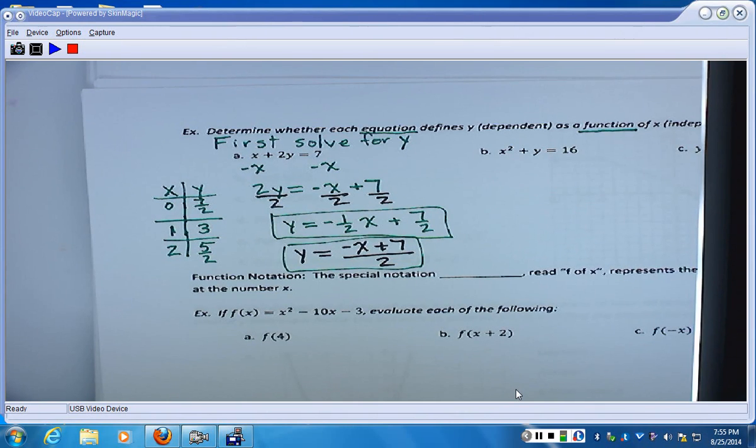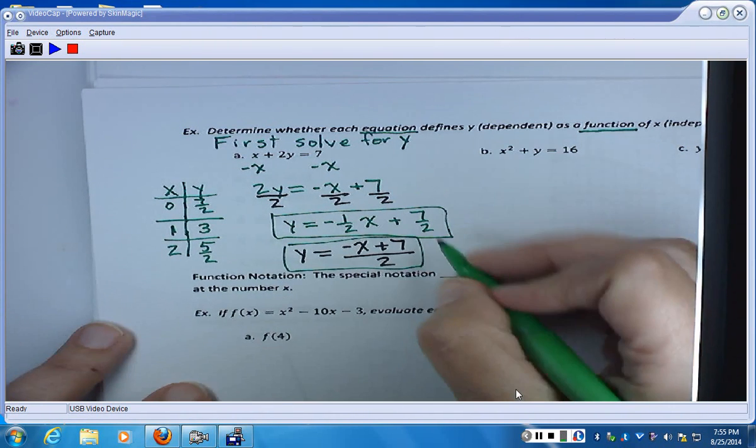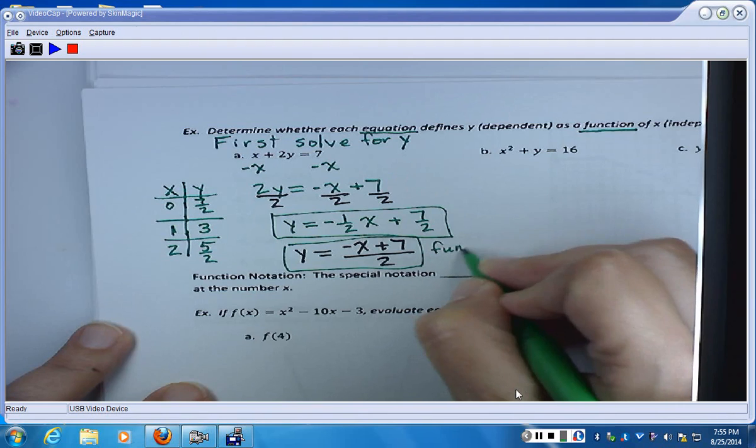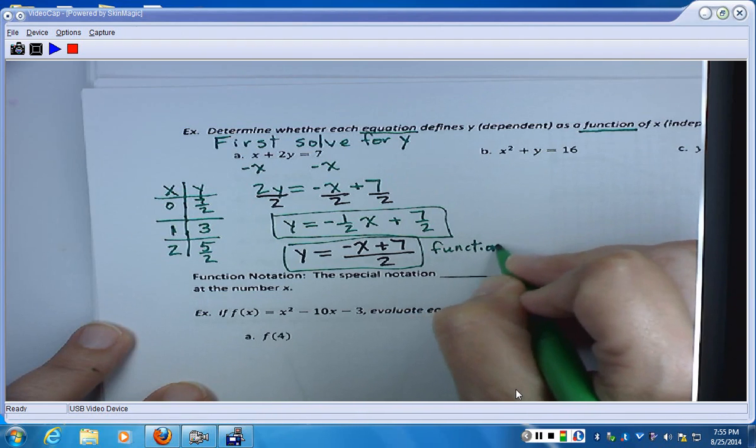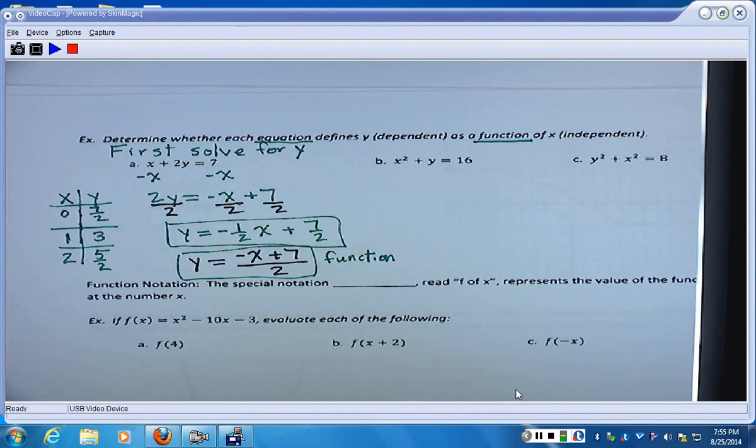So we're not going to have the same x with 2 different y's, so it's a function. So when you have something like that, that's a function. You're probably going to understand it better once we do one that's not a function.